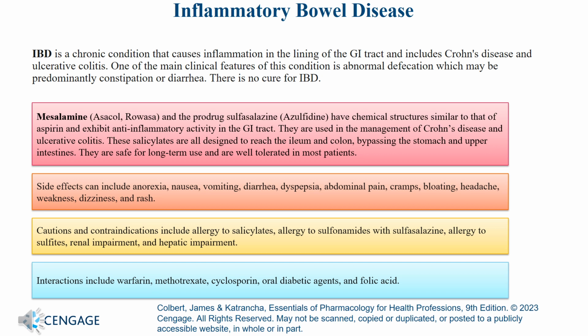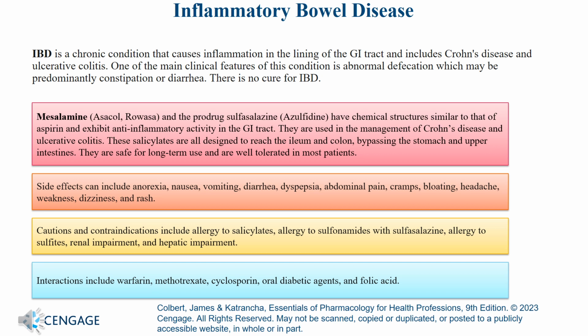We're going to talk about this medication, mesalamine, and the prodrug sulfasalazine. They have a chemical structure similar to that of aspirin and exhibit anti-inflammatory activity in the GI tract. They are used in the management of Crohn's disease and ulcerative colitis.